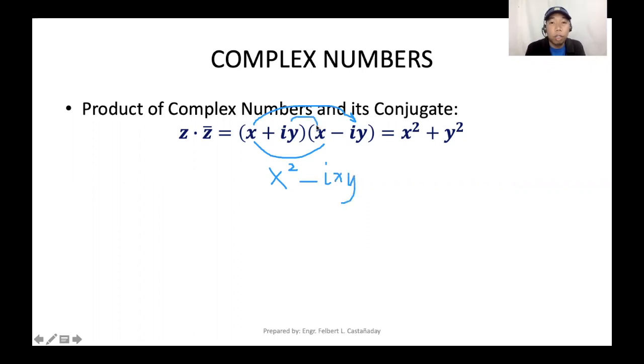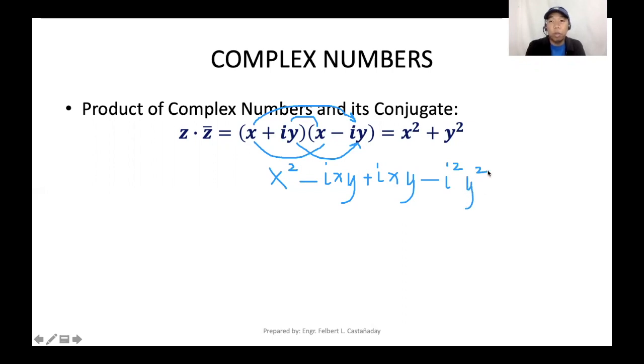Inside terms, that is positive i times x times y. And the last terms, positive times negative, so you have negative i squared times y times y, so you have y squared.